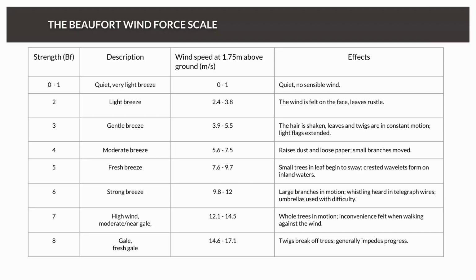Based on the wind speed, we have different strengths in BF, and a wind of 7 to 10 meters per second, which is like 40 kilometers per hour, is kind of critical and strong.